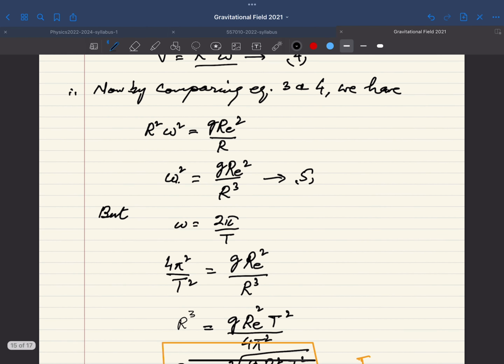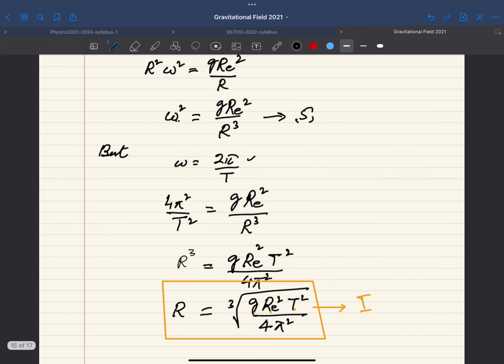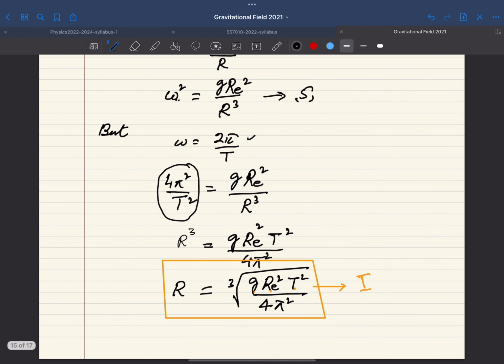Now for omega, you know that it is nothing but 2 pi divided by T. Now you are talking in terms of the time period, so for omega square you can write 4 pi square over T square. And when you simplify this equation, you will get the equation which I am mentioning here as equation 1.